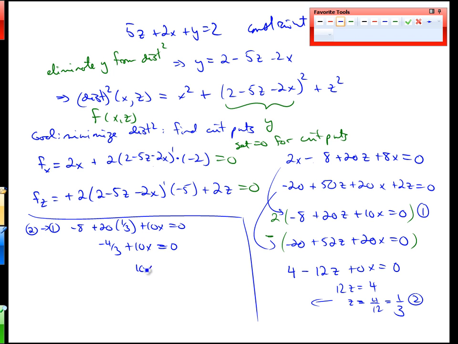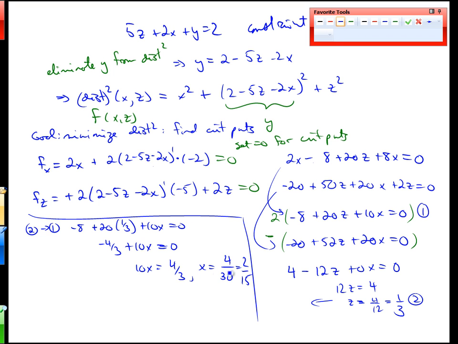And so that gives us 10x equals 4/3. So x is equal to 4 over 30, or if you like, 2 over 15. That looks good. 24 plus 20, yeah, okay.